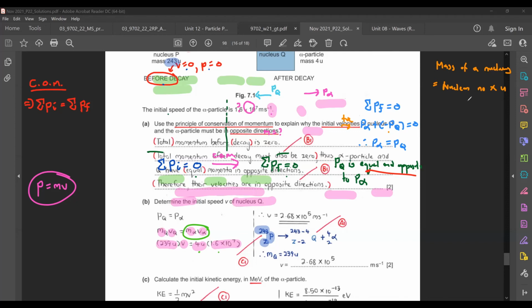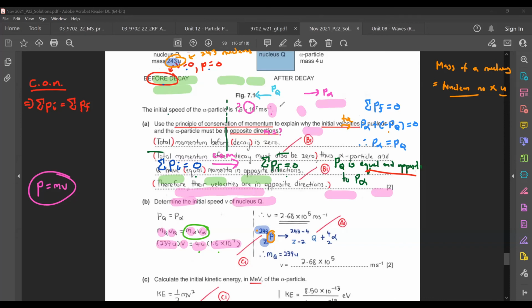So right now, I know the mass is 243U. That means I have 243 nucleons. Because the mass was 243U, it means I'm taking 243 nucleons multiplied with the average mass of one nucleon to give me my mass of nucleus. So I know the nucleon number is 243, but proton number I do not know.